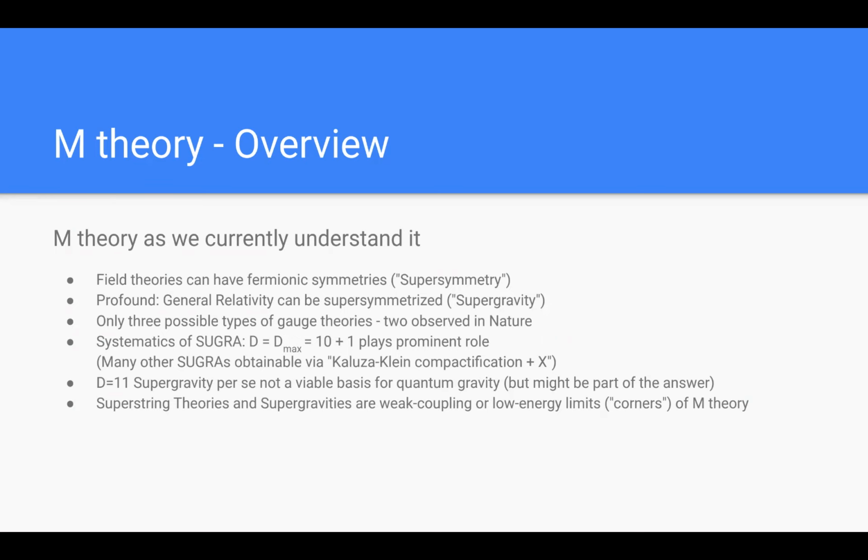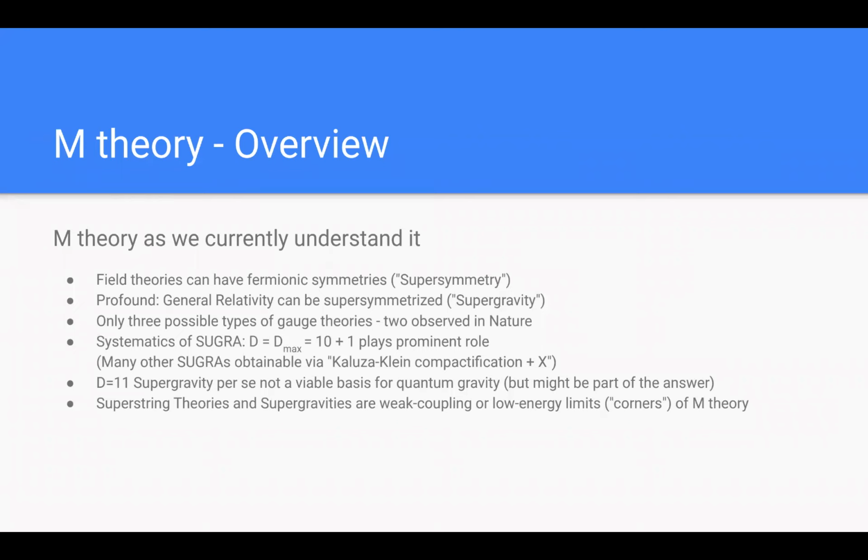Looking at the systematics of supergravity more deeply, one finds that one can play this game in various dimensions, and 11 space-time dimensions, so 10 spatial directions and time, plays a particularly prominent role. We can obtain many other supergravities via, typically, Kaluza-Klein compactification to lower dimensions, plus perhaps some other tricks.